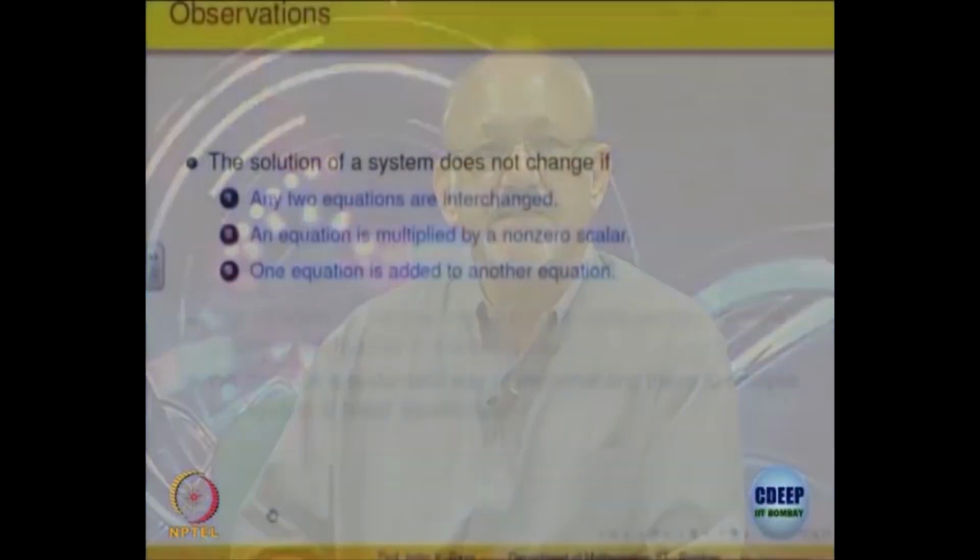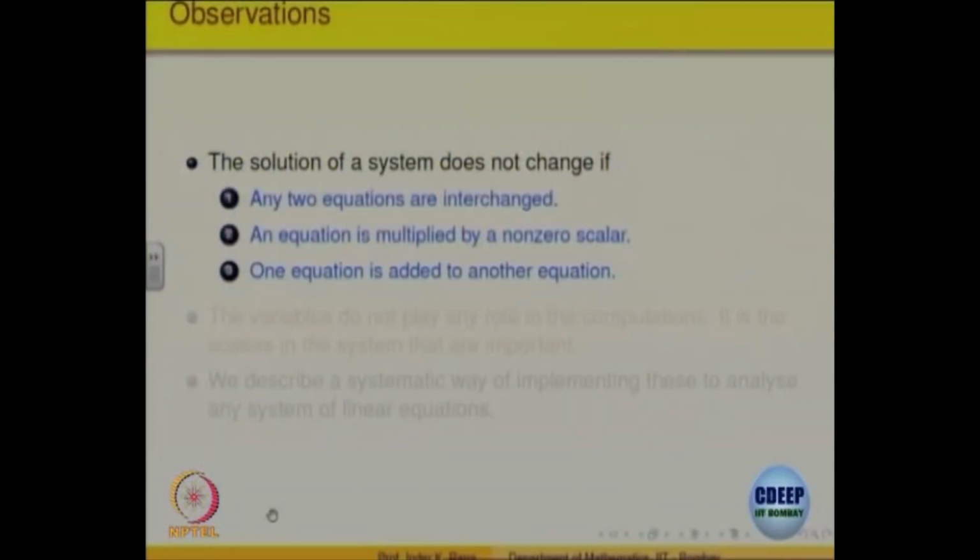So, multiplication by a non-zero scalar leaves the equation, so solutions are unchanged. And the third one is, an equation is added to another, that we have already seen, right. If one solution is there, and you add a scalar multiple of one equation to another, of course not 0, then the solution does not change, that we saw in the two variable case.